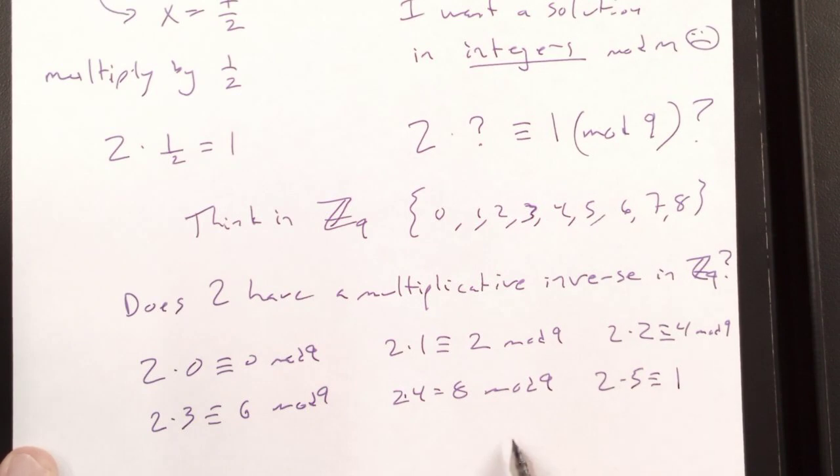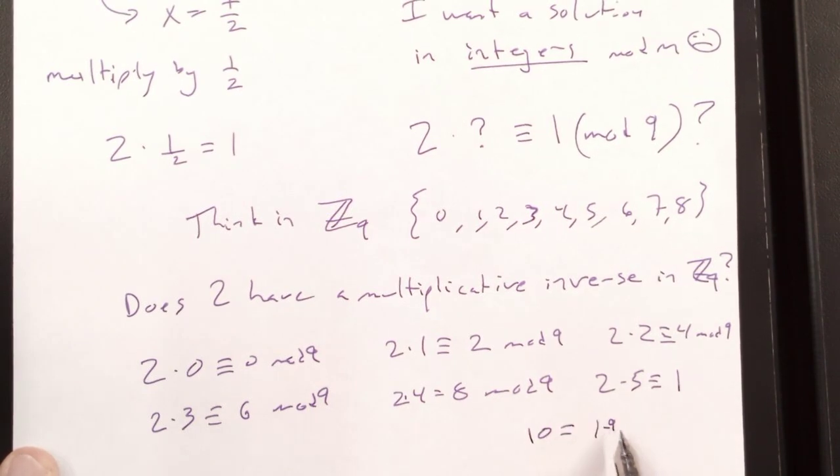That's 10, and 10 is one 9 with 1 left over. That's the remainder. Son of a gun, I found an inverse.